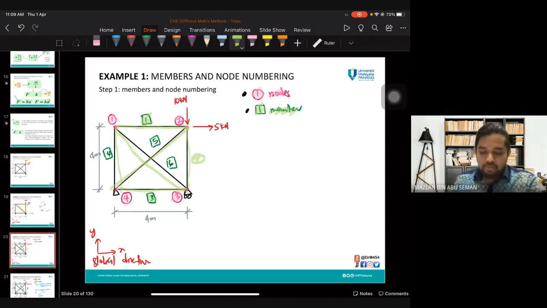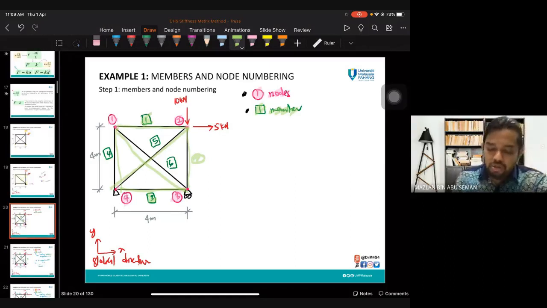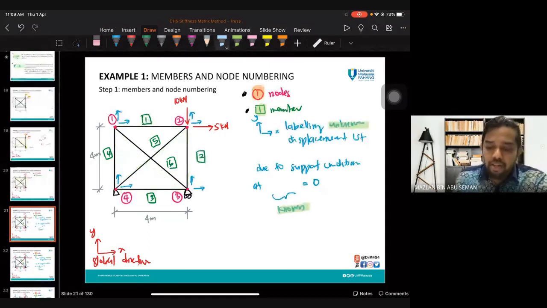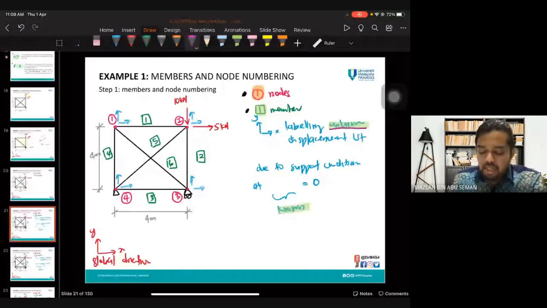Okay, next. At each node, we're going to have X and Y displacement directions. So you have to identify which one is unknown displacement, which one is known displacement due to the support.